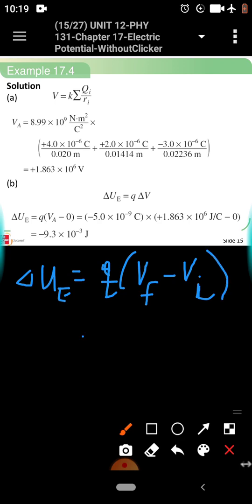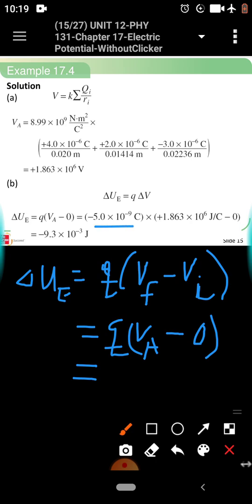Remember, V final will be at A, and V initial is 0 because you are referencing from infinity, where R is infinity. So when you do the substitution with this charge and this potential, you can work out the electric potential energy.